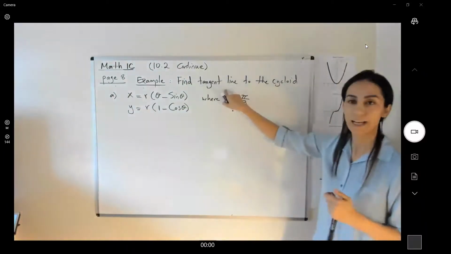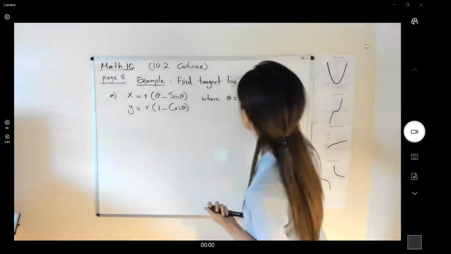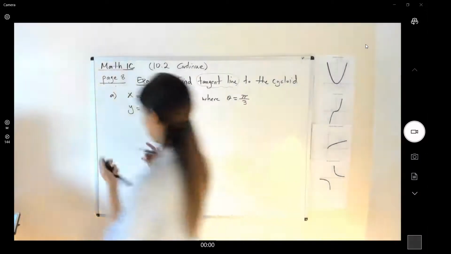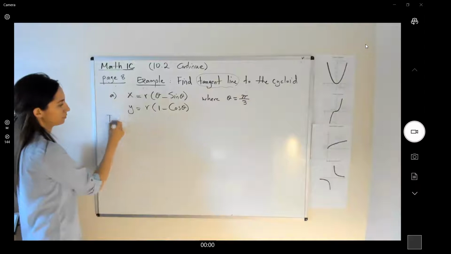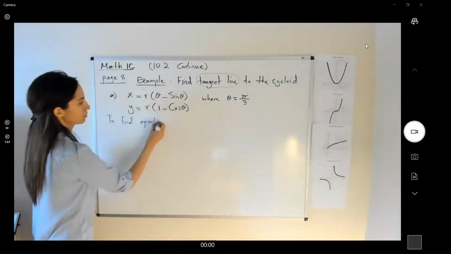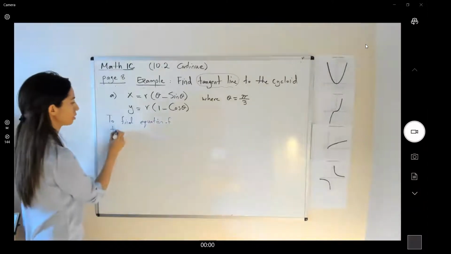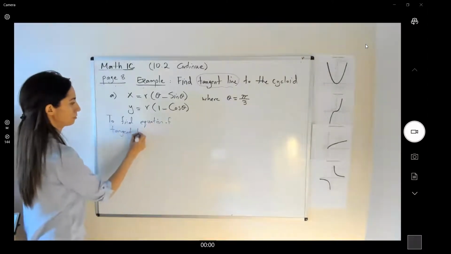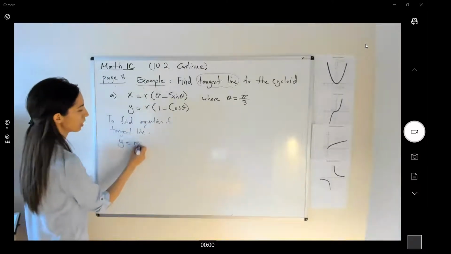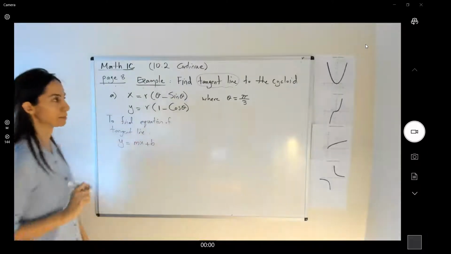So what's the question asking? The question is asking to write the equation of a tangent line. Any line has the equation y equals mx plus b.